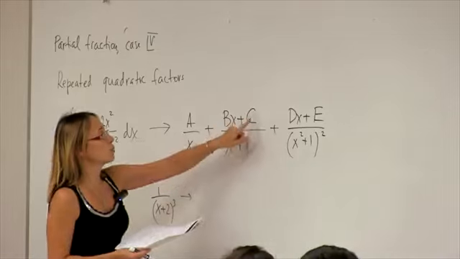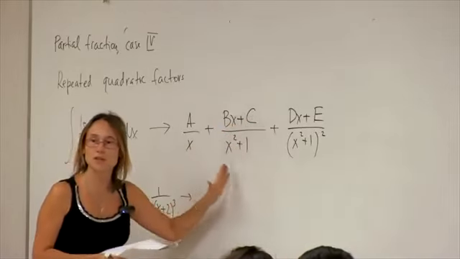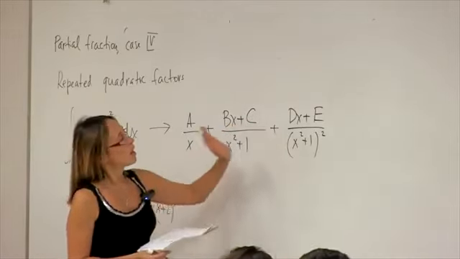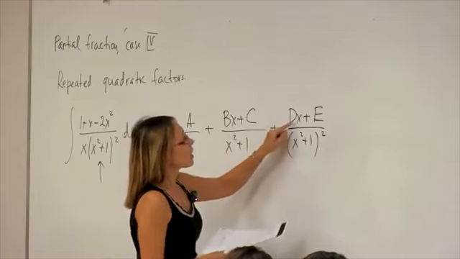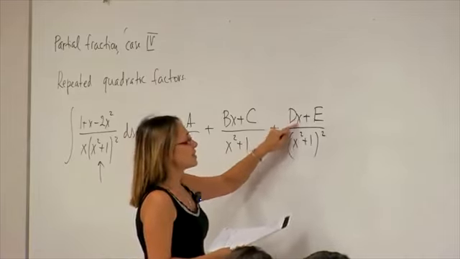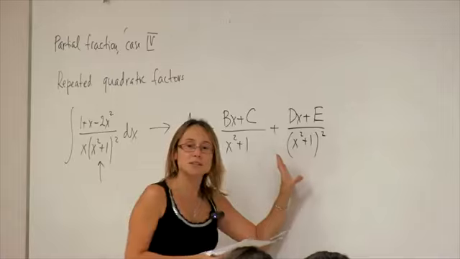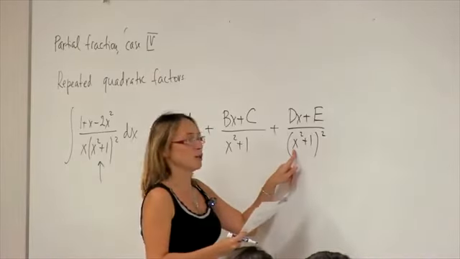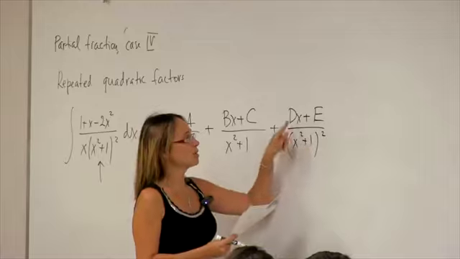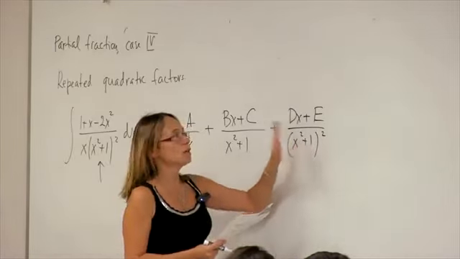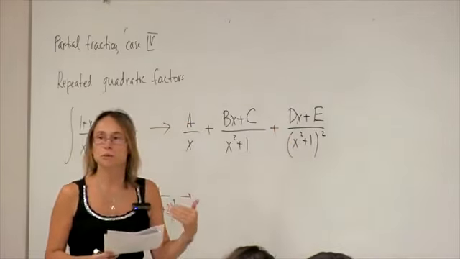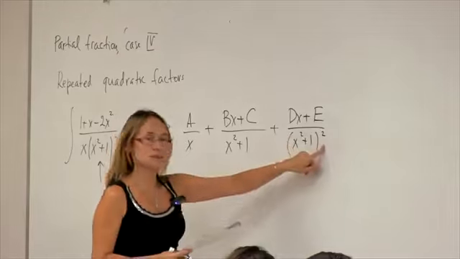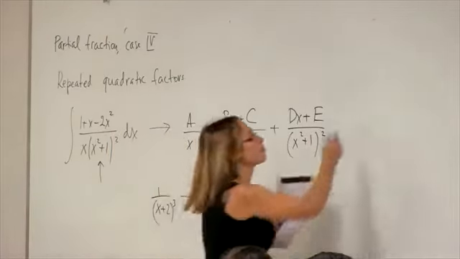That's good. The second one is a constant divided by this. That's the arctangent. That's also good. Here, the first one, I have x divided by this thing. This is done also by means of substitution. So I would say u equals x squared plus 1, and that's the derivative of u. That's good. So the only new integral that we need here is a constant divided by this thing squared. So let's do that one.